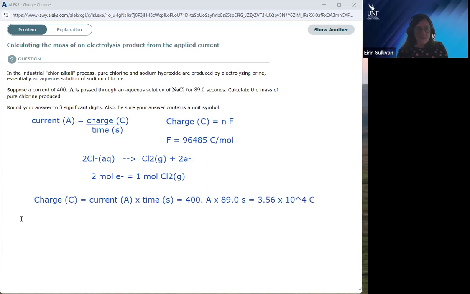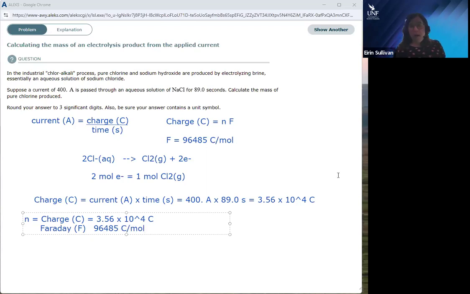Now I can rearrange and solve for the number of moles of electrons transferred, which is my charge in coulombs over the Faraday constant. That is 3.56 times 10 to the power of 4 coulombs, and the Faraday constant is in units of coulombs per mole.